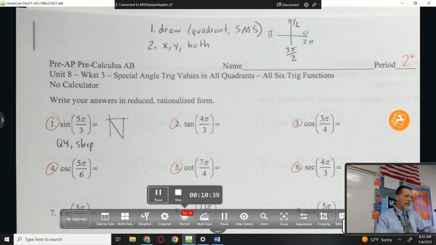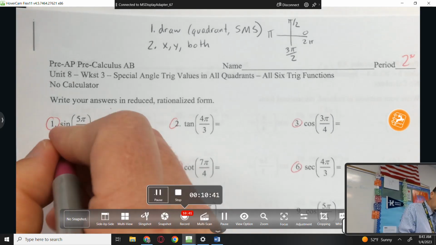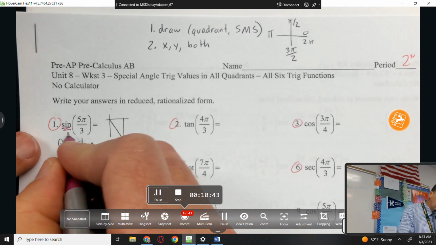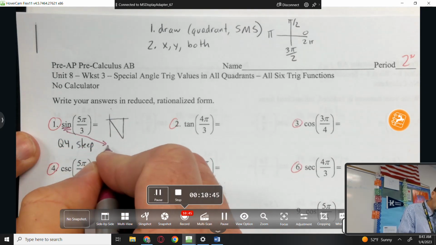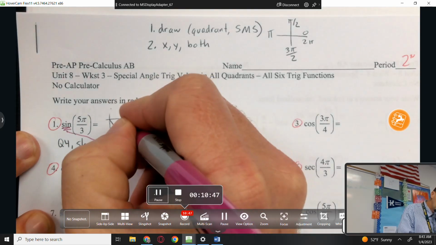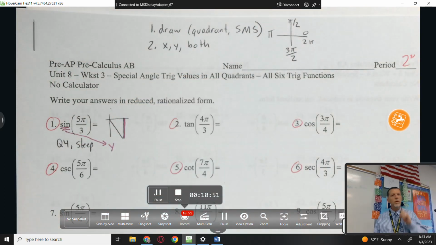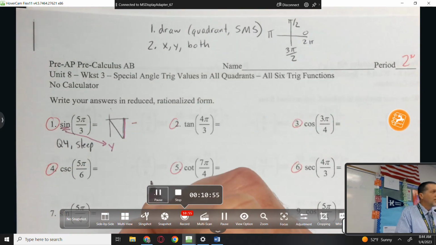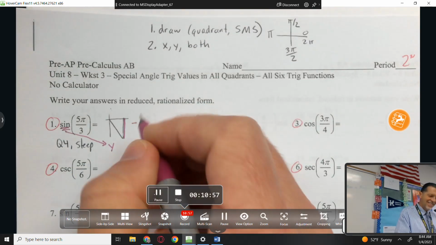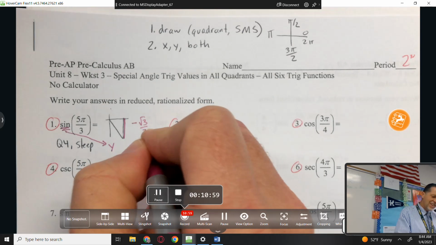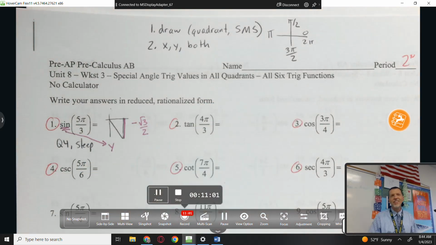So sine, which coordinate do I want for sine? That's the y coordinate. So what's the y coordinate for that point? Negative root 3 over 2, because that's the long side, so it's got to be root 3 over 2. It's down, so it's negative.